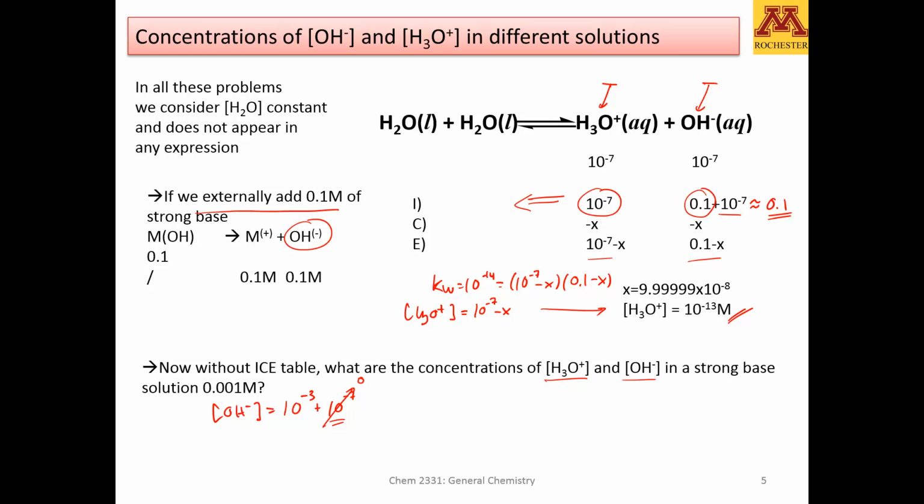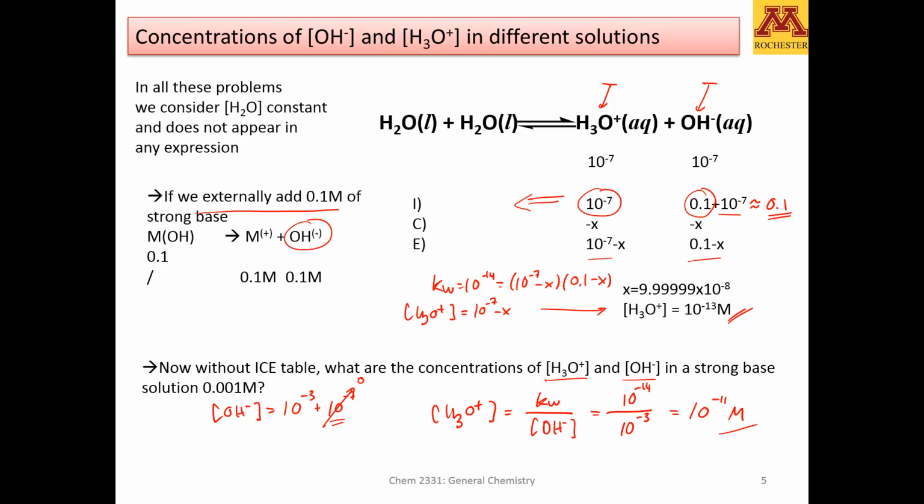Likewise, to calculate the hydronium, I do not need to set up the ice table, because I'm just interested in the final result. So 10 to the negative 14 divided by 10 to the negative 3 is going to be 10 to the negative 11 molar.